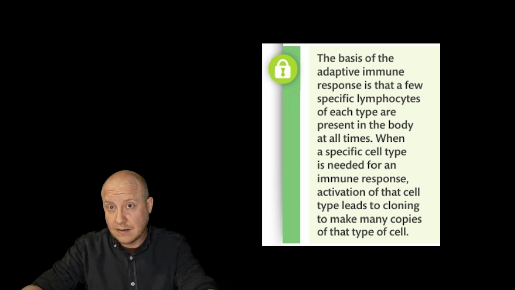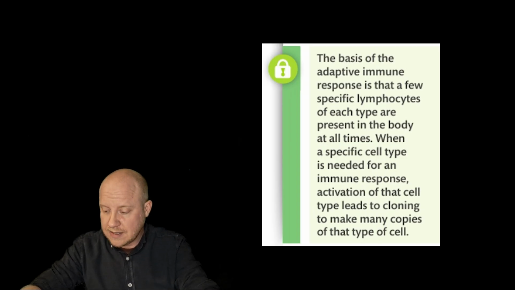A few of them are still left in your body. And once they get activated, because you've been reinfected with it, then they start cloning like crazy. They start multiplying. When a specific cell type is needed for an immune response, activation of that cell type leads to cloning to make copies of that type of cell.